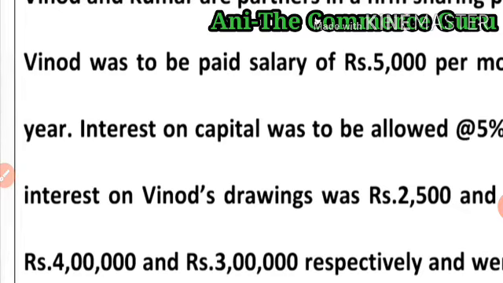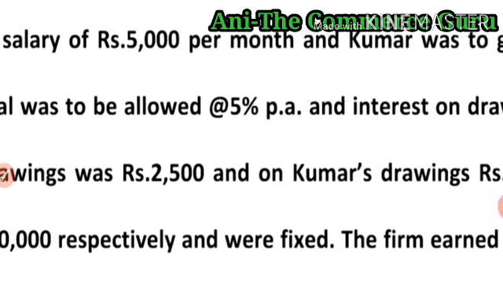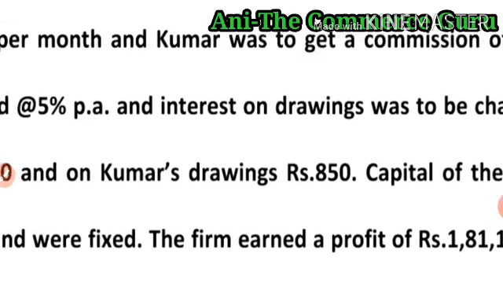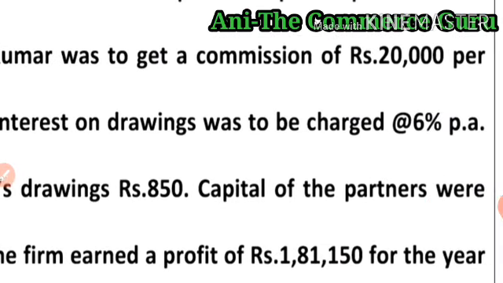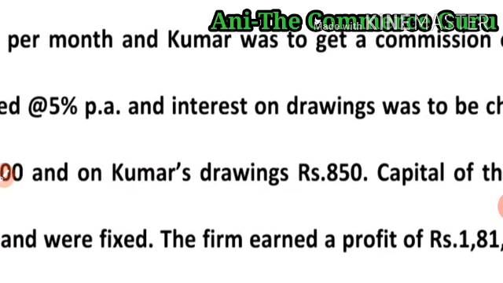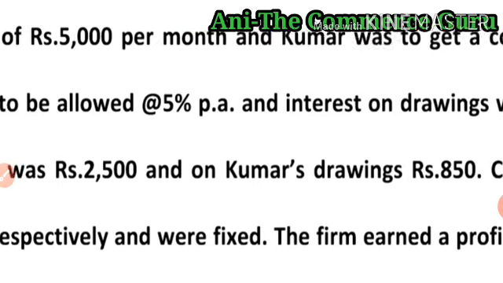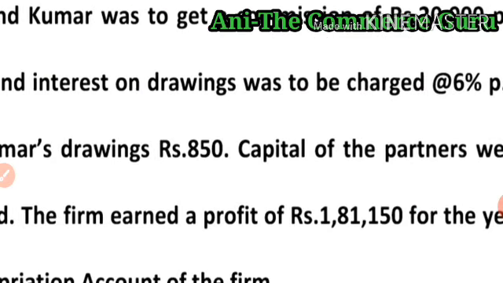Then interest on Vinod's drawings was rupees 2,500 and on Kumar's drawings rupees 850. So here the rate of interest is given and the amount is also given. So I said if rate and amount are both given in the question, then you just take the amount only. There is no need for you to calculate interest on drawings further.